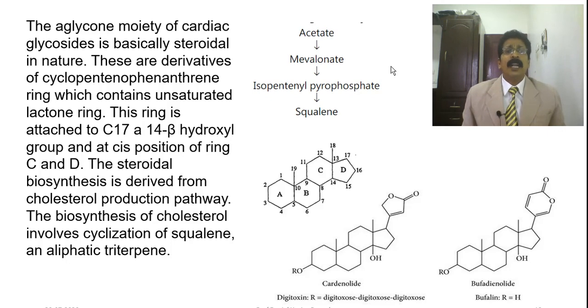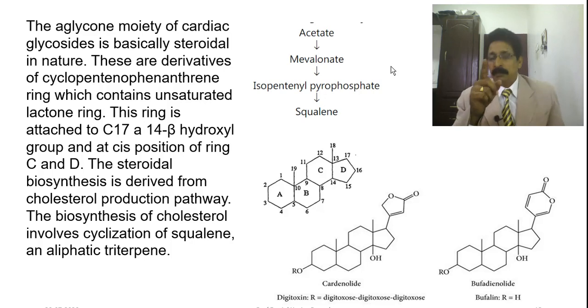The steroidal biosynthesis is derived from the cholesterol production pathway, that is the acetate pathway. The biosynthesis of cholesterol involves cyclization of squalene. We have already studied the cyclization of squalene, an aliphatic terpene.